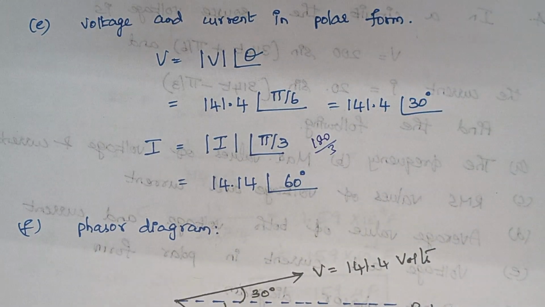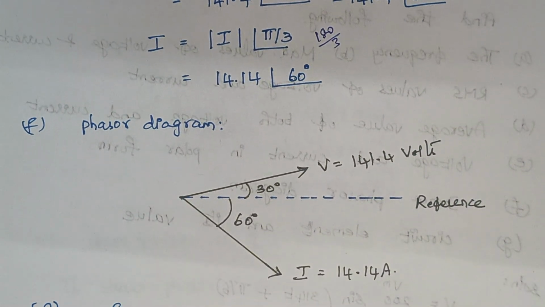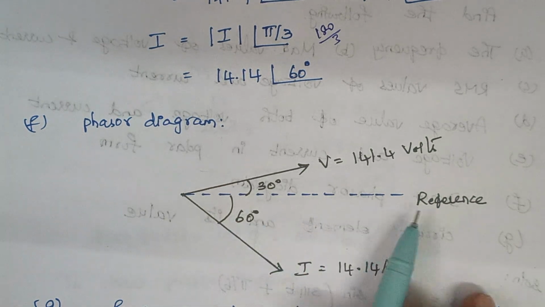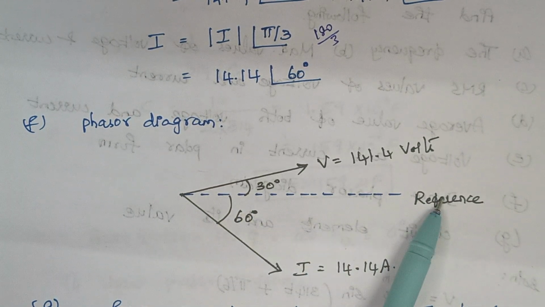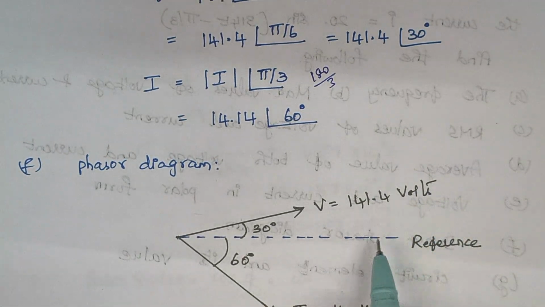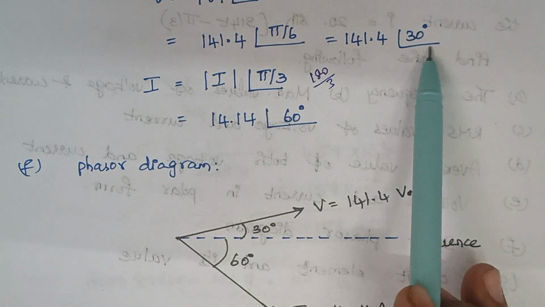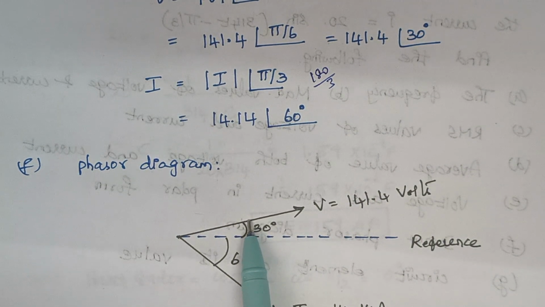Now the next thing is to draw the phasor diagram. How to draw the phasor diagram? We should always have a reference to draw something, so we keep a line as reference. The voltage value is 141.4 with an angle of plus 30 degrees, so it is drawn above the reference line.